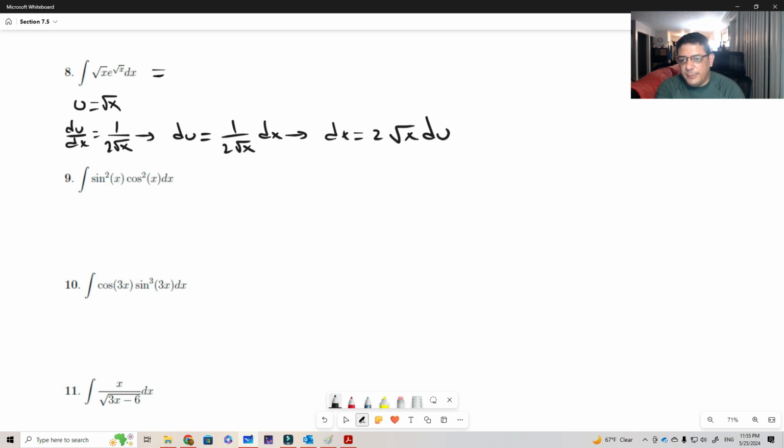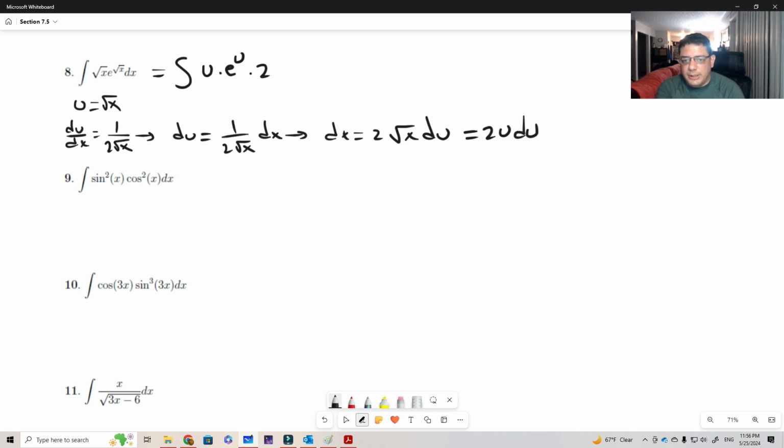So, for example, here we're going to get e to the u, and this square root of x we're going to see as u, right? And notice that dx is 2 square root of x du, but square root of x is u, so this is really 2u du.